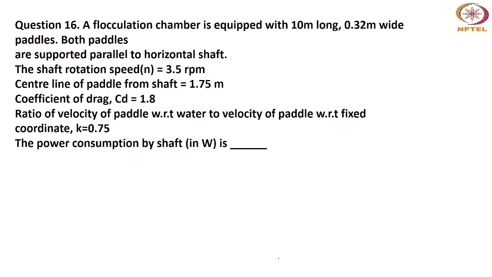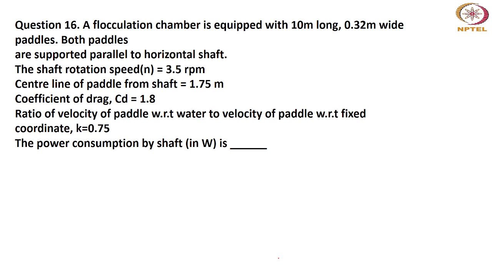The next one: the flocculation chamber is equipped with 10-meter long, 0.32-meter wide paddles. Both paddles are supported parallel to the horizontal shaft. The shaft rotation speed is 3.5 rpm. Center line of the paddle from the shaft is 1.75 meter. Coefficient of drag CD is 1.8.